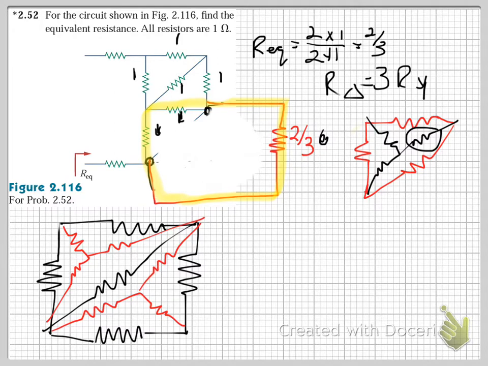Oh, I just realized something, after a little bit of pondering. We also have a Y going on here. If you see it, that's a Y. Remember, our Y is this, right?